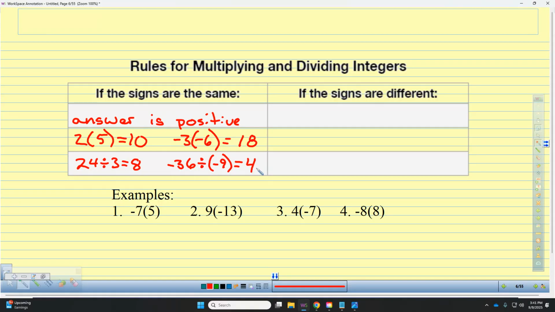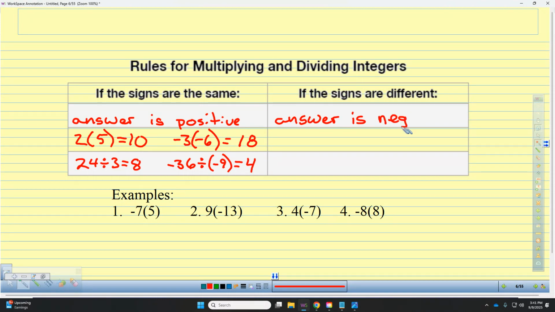So again, if our signs are the same, the answer is positive. So then, if the signs are different, the answer is negative.